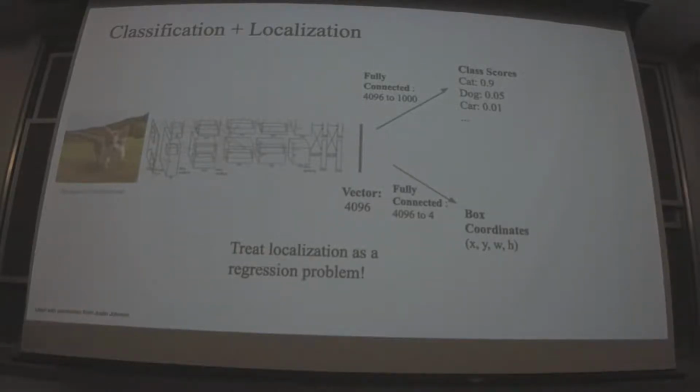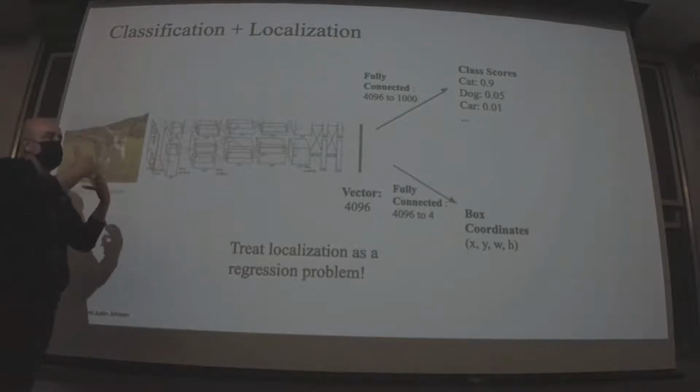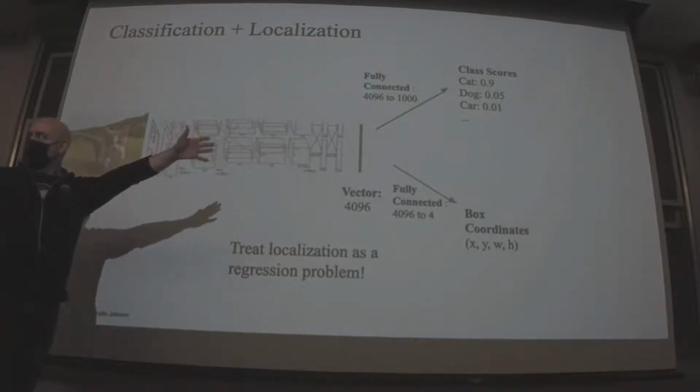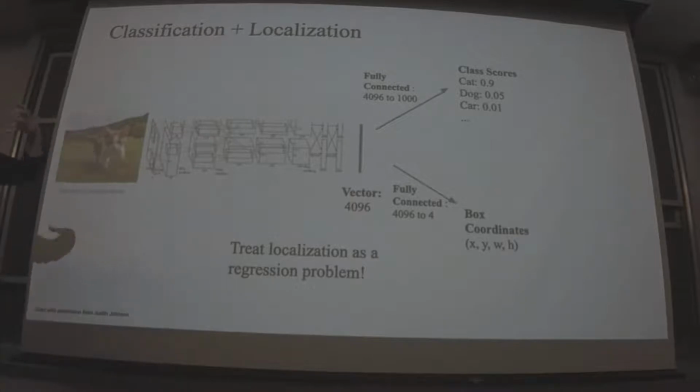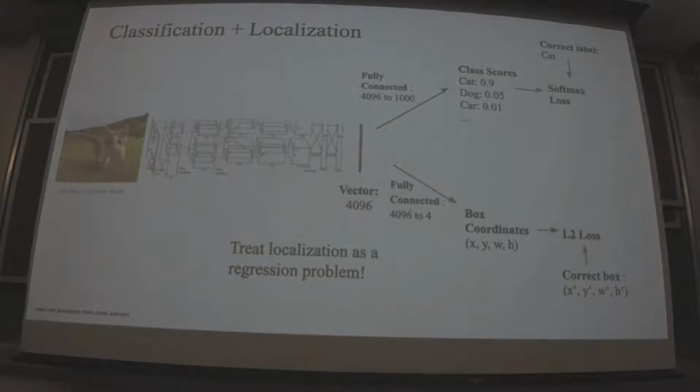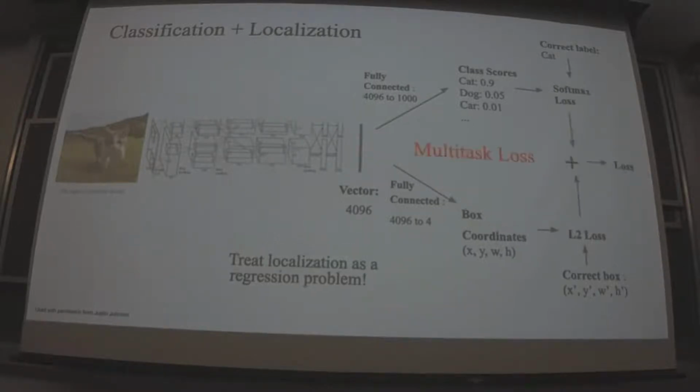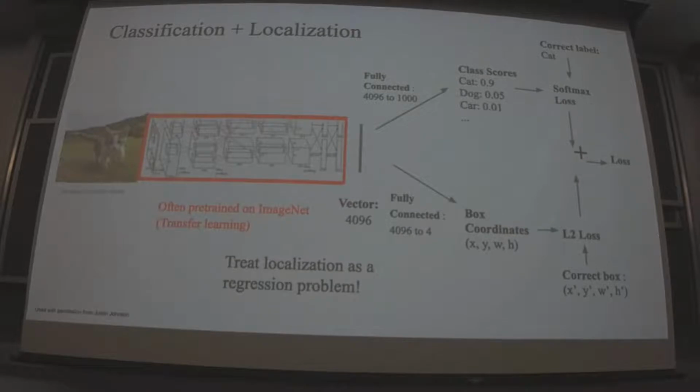If your data has those bounding boxes already on it, the corner and the width and height are additional labels alongside the class label, and now you have 2 objectives to optimize at the same time: do the classification within that box correctly, and produce that box. We have the 2 losses, we add them together, and we have this multitask loss.